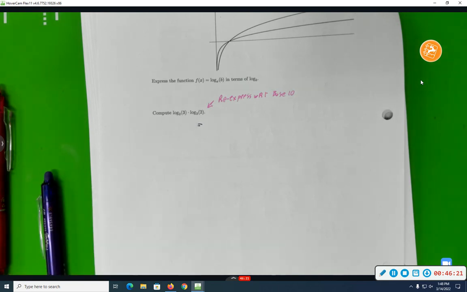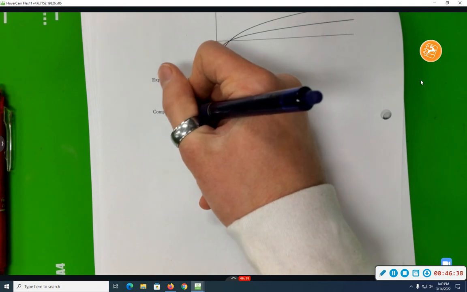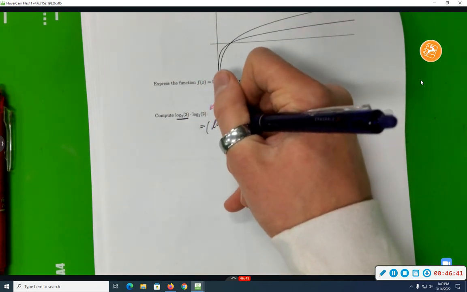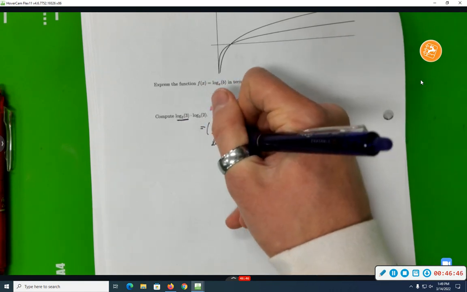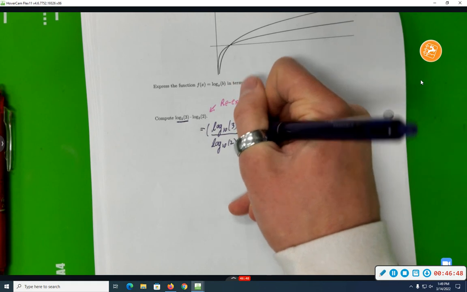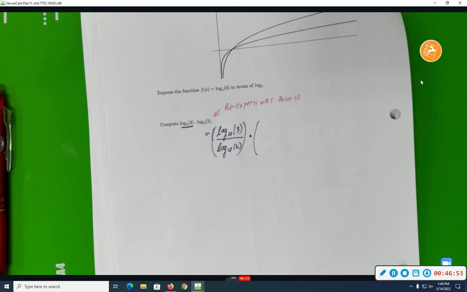So if I want to get rid of the 2, this lets me say instead of having a 2 in the base, I can have it be like a 2 in the denominator and a 10 in the base, since we're deciding to use base 10. That's the same thing as log base 10 of 3 divided by log base 10 of 2 times log base 3 of 2.